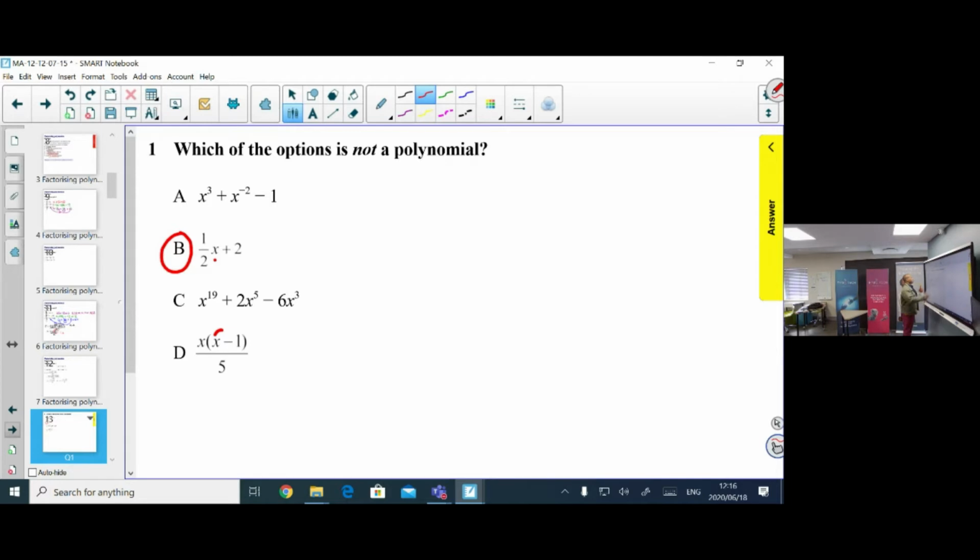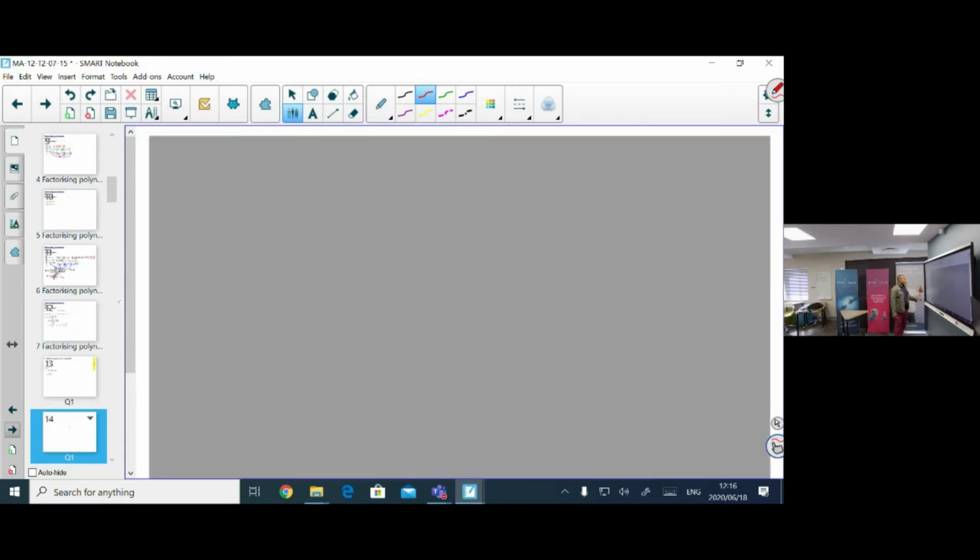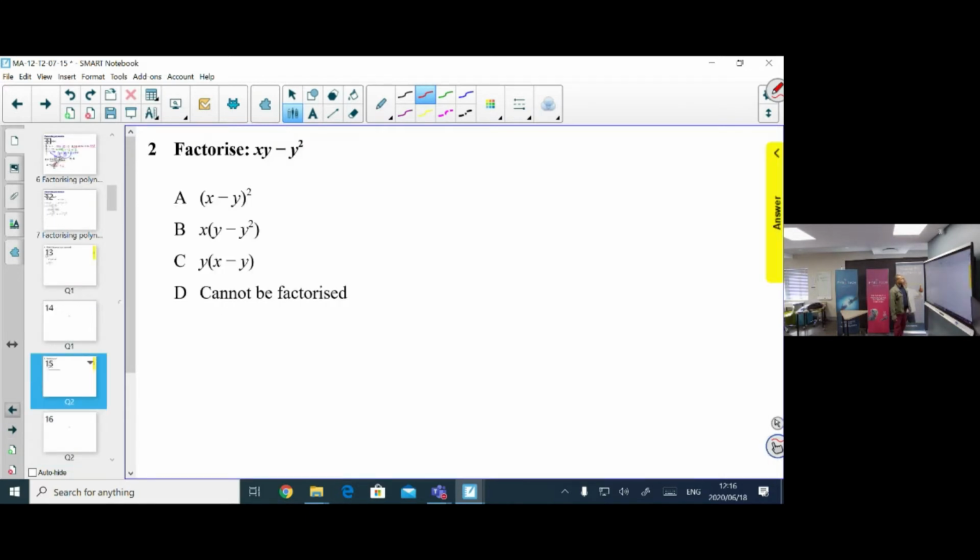Other functions, yes, you might have your arguments around them, but they at least have many terms of varying degrees of x, such that they can qualify as polynomials. Let's check again on another situation.